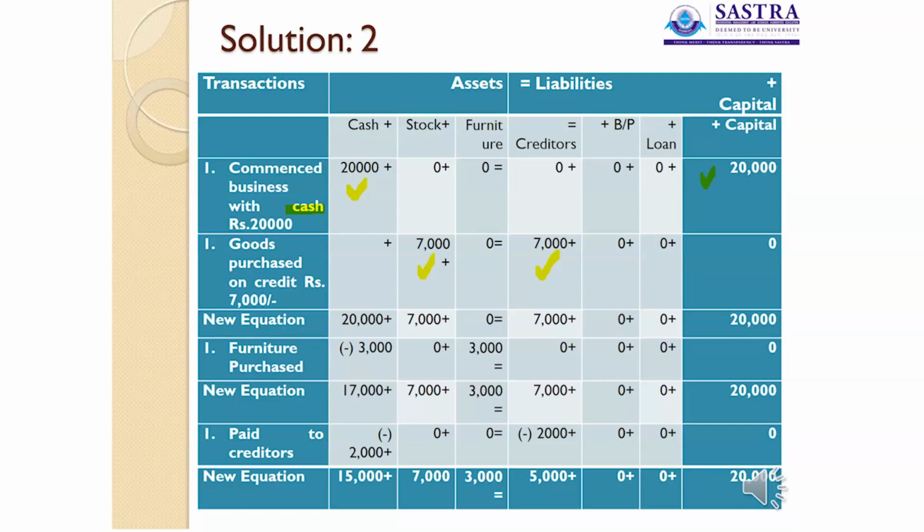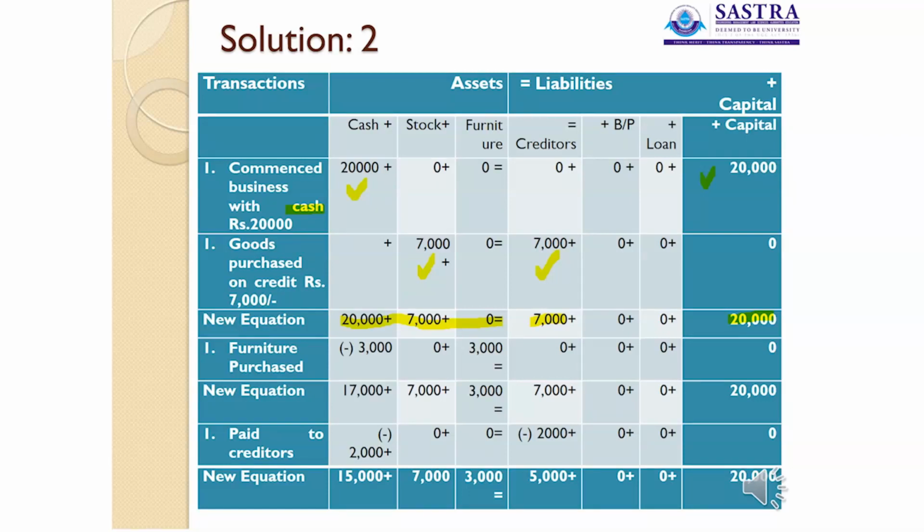So the total of the assets value, 20,000 plus 7,000, 27,000. Liability side 7,000 plus 20,000, 27,000. So 27,000 is equal to 27,000. So here the accounting equation is proved.